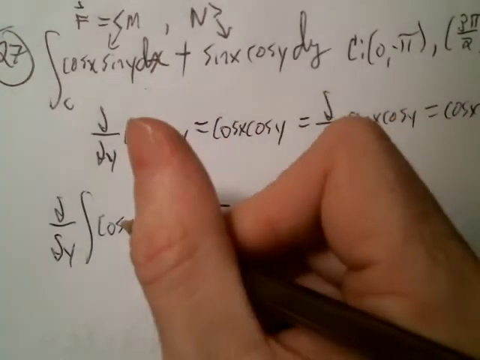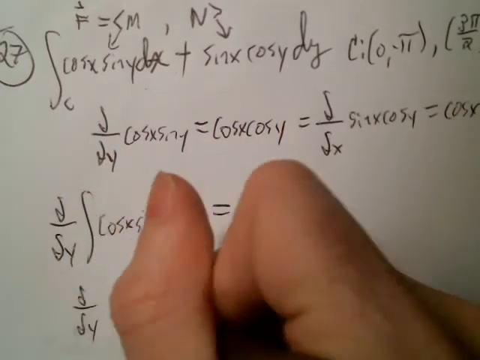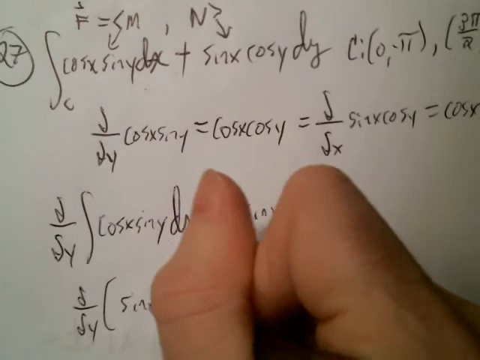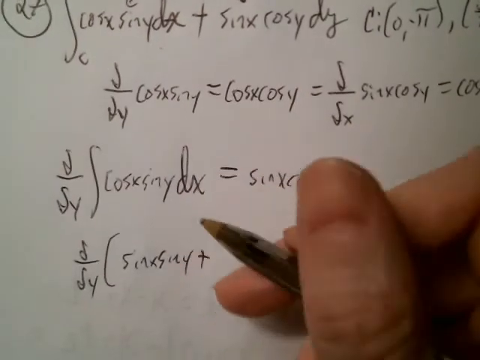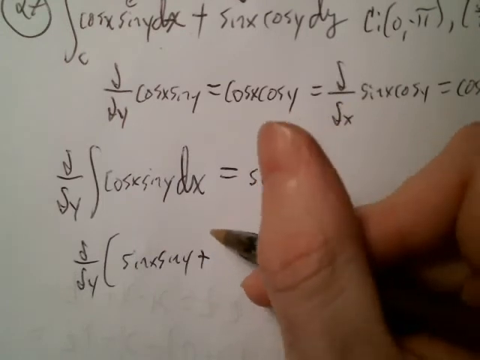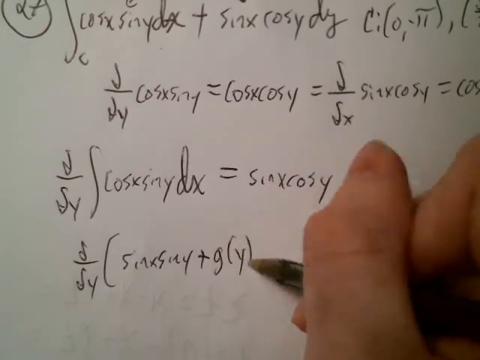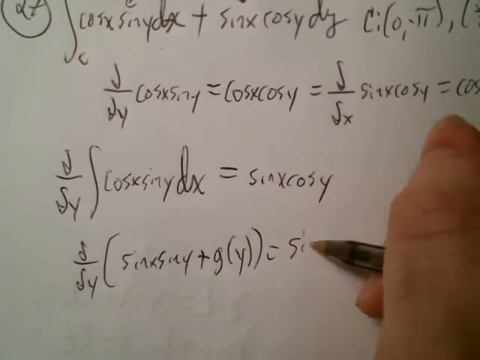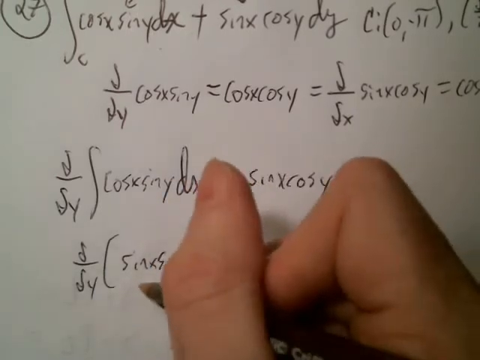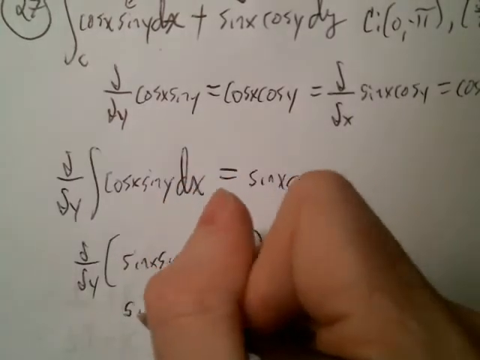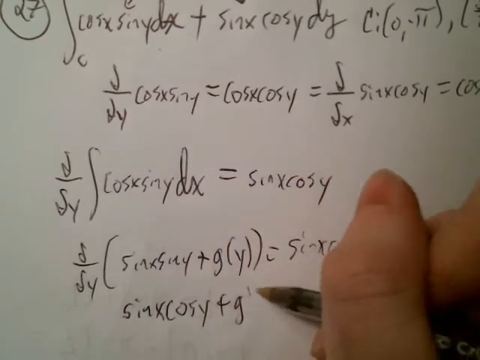With respect to x, I'm just integrating the cosine x part. So that would be sine x sine y, and then plus whatever would be annihilated by the derivative with respect to x, so that would be some function of y. And then on the other side, you just bring down the sine x cosine y, and then take the partial. So the partial with respect to y is going to be sine x times cosine y plus g prime of y.